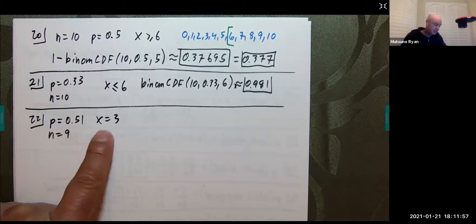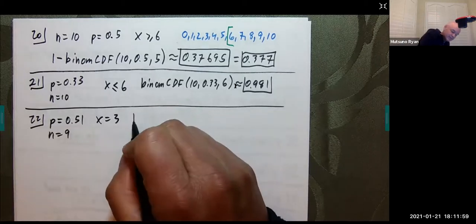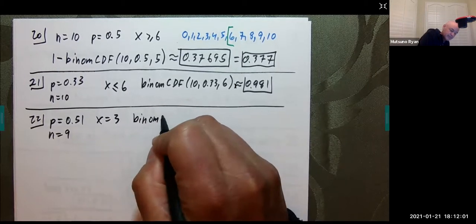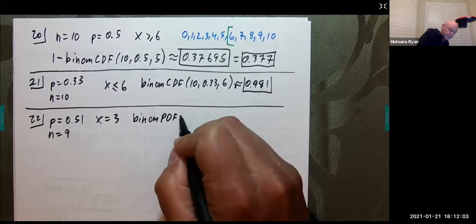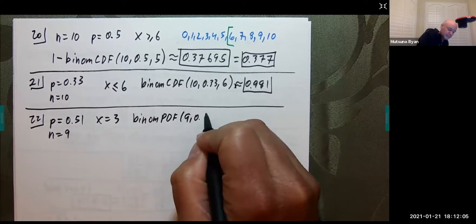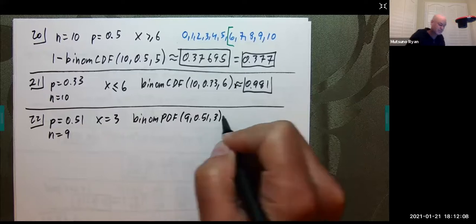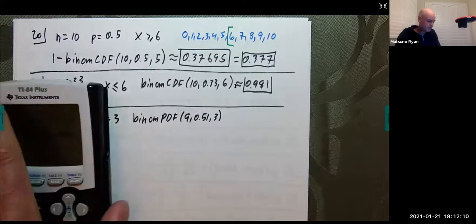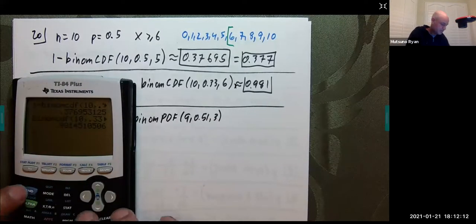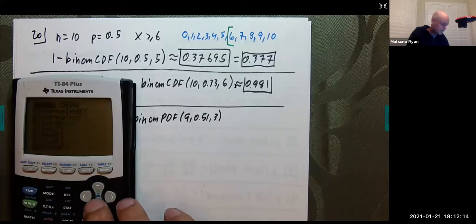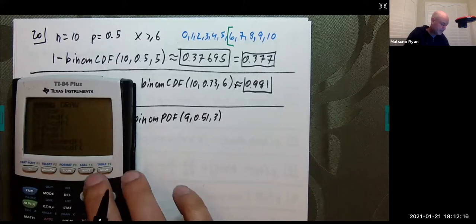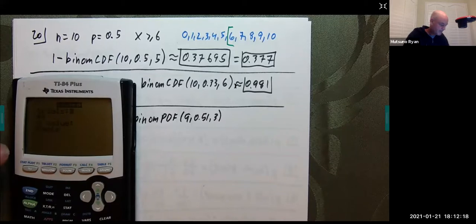If it's exactly equals, we're going to use PDF. Trials is 9, P is 0.51, and the X value is 3.